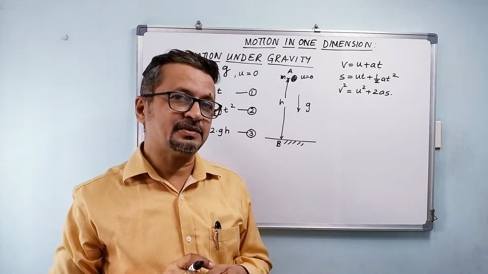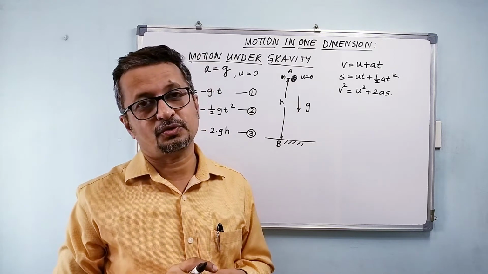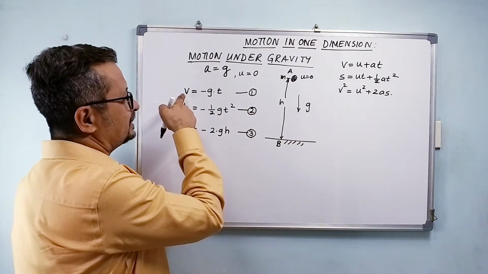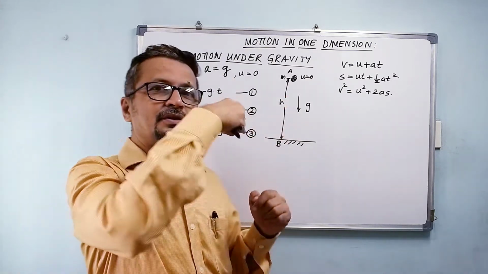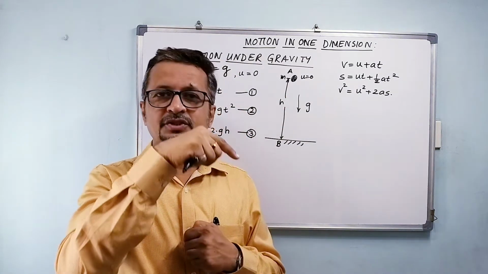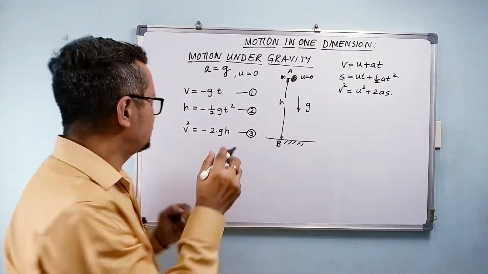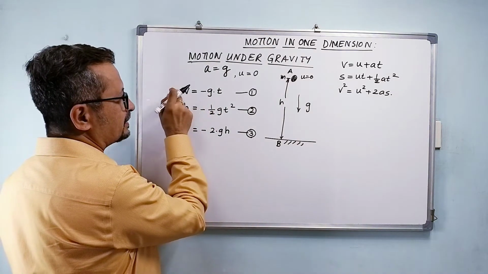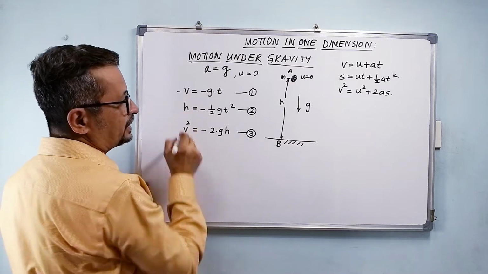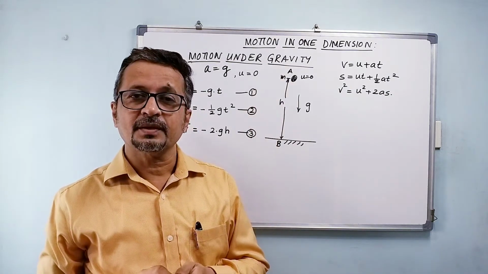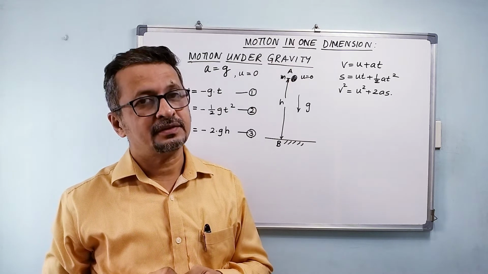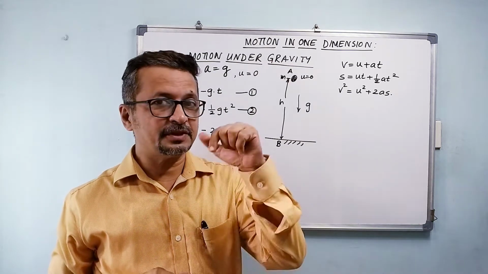But at the same time there is one thing to note: this velocity, is it not downwards? My direction of v, is it not downwards? So obviously I'll make this sign also negative. My h with respect to my initial position is in the downward direction, the displacement is downward.